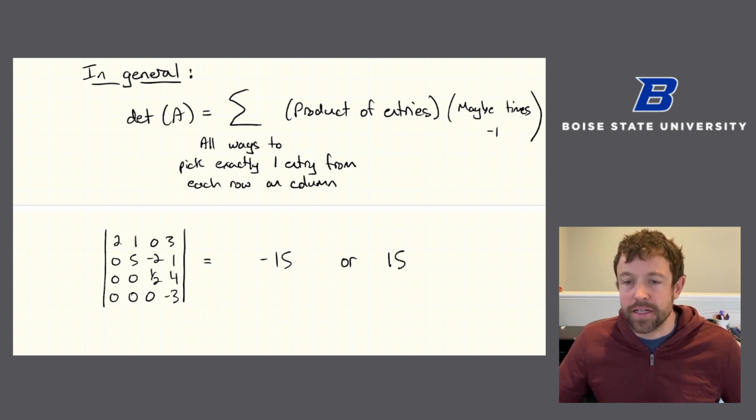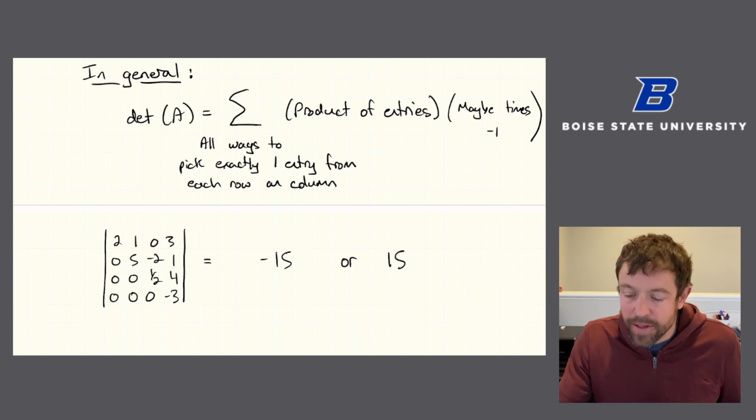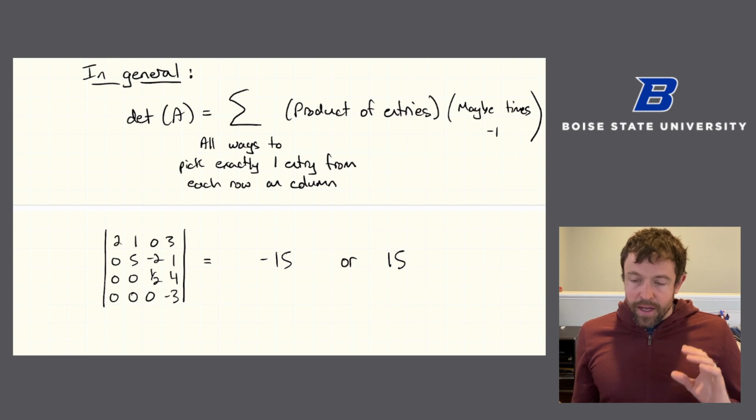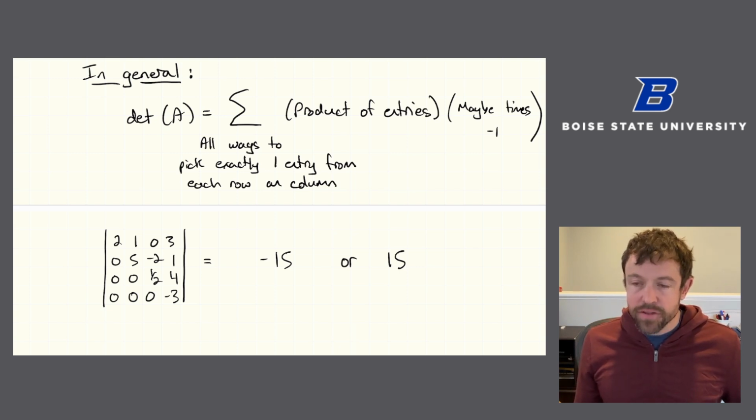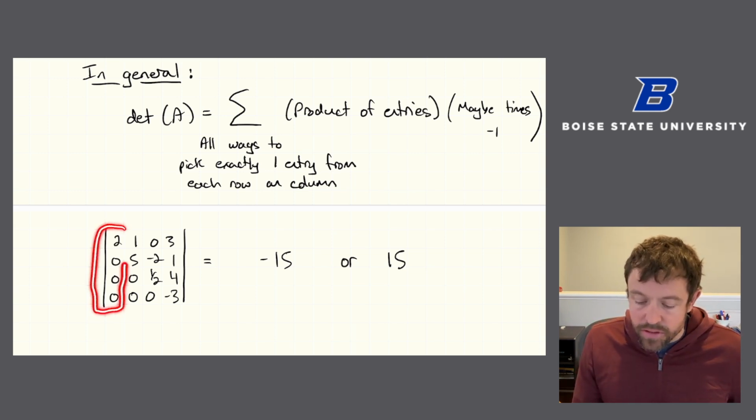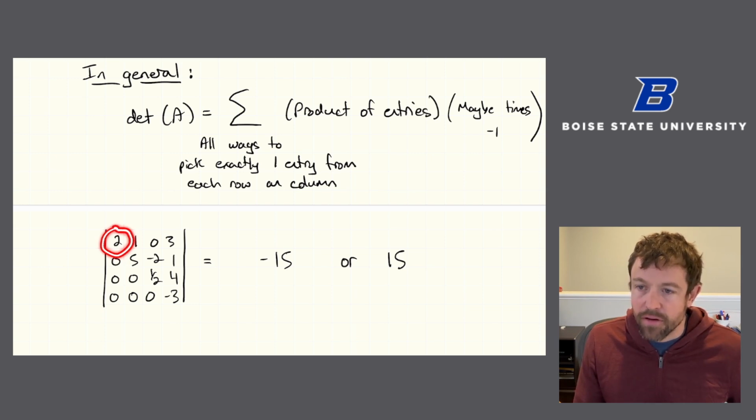And I'll tell you which it is. But let's see what I mean. As you start picking entries from each row and column, you realize that unless you're really careful, you're going to end up picking a zero. And if you pick a zero and multiply a bunch of things together, you're going to get zero. In particular, the only entry that I can choose in the first column is 2 without getting a zero.